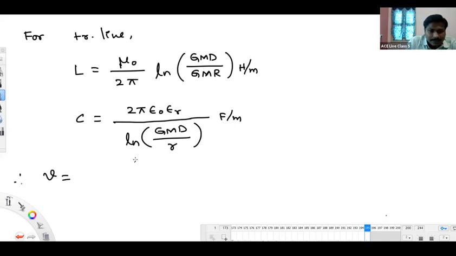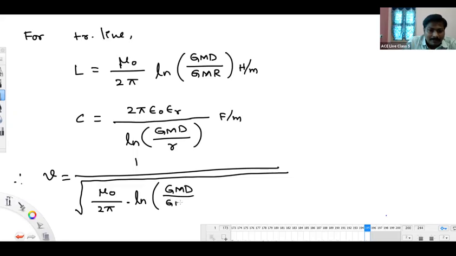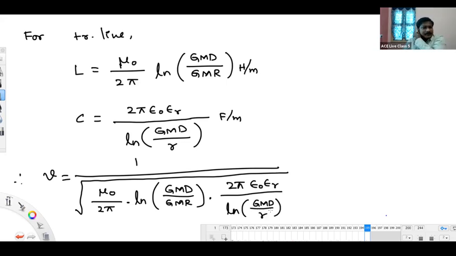Therefore, velocity of wave propagation is 1 by square root of L into C, with L as mu naught by 2 pi natural logarithm GMD by GMR, and capacitance as 2 pi epsilon naught epsilon r by natural logarithm GMD by r. Make these cancellations quickly. The 2 pi cancels out.